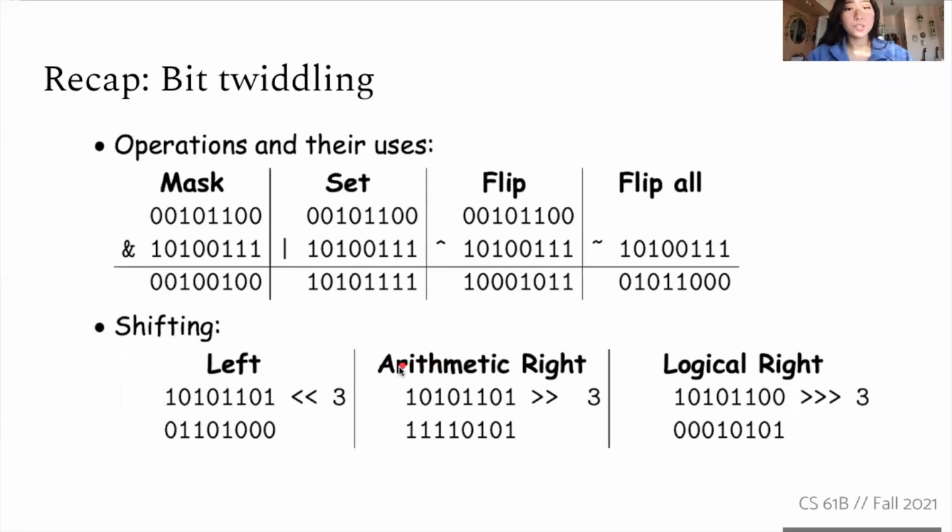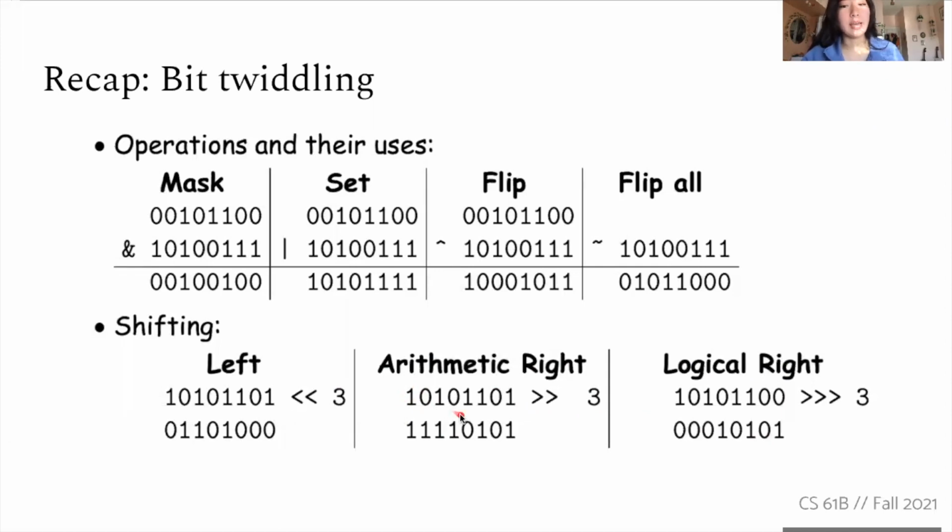And for the right shifts, there is both the arithmetic right shift and the logical right shift. And you might be wondering why we have 2, but the idea is that, recall, in a 2's complement representation, the leftmost bit is the sign bit because it lets us know if the number is negative. If you're unfamiliar with this, I would recommend rewatching the lecture, but basically the leftmost bit in a 2's complement number carries negative weight, right?